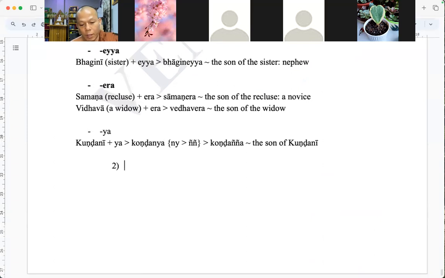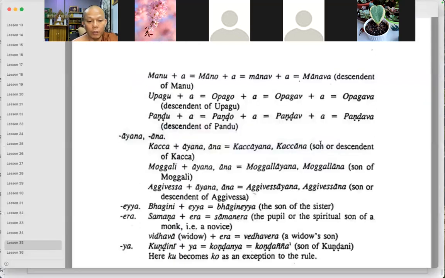So the second one is, what is it? So expressive of the possession. Okay.